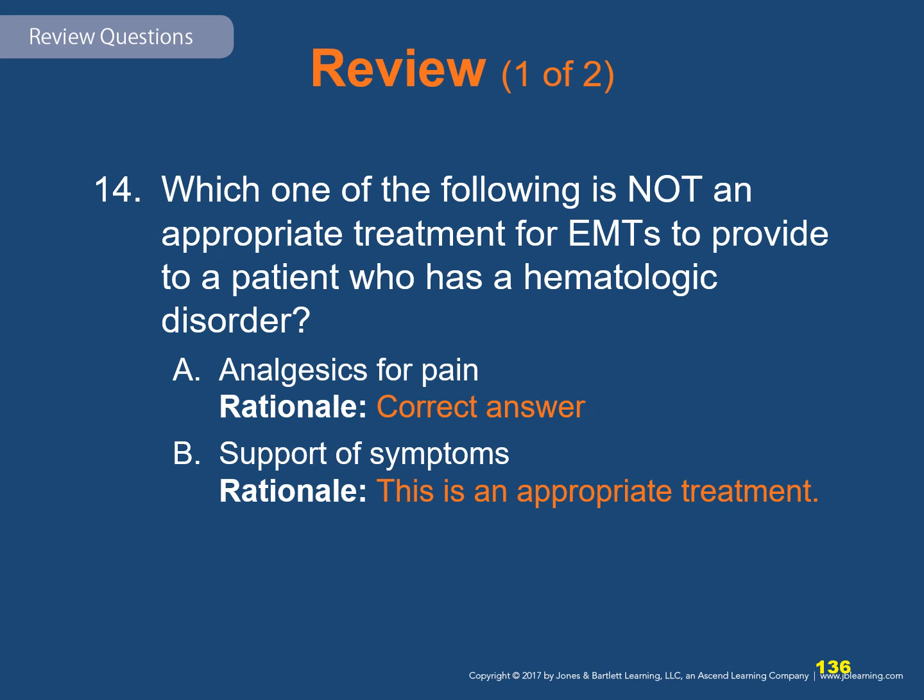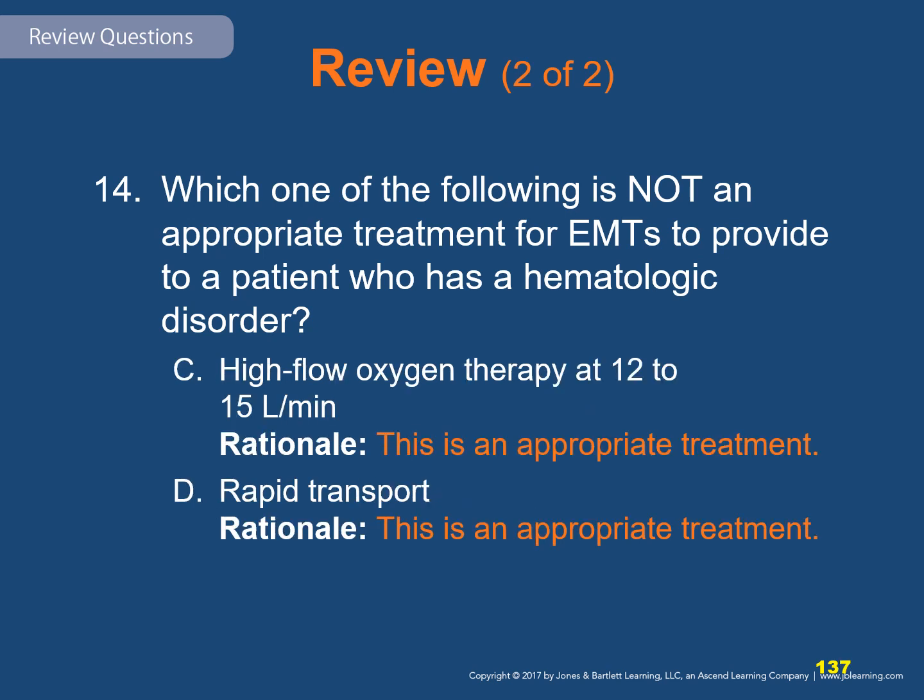If they're short of breath because perhaps they've got a pneumothorax forming or whatever's going on, support their symptoms and treat them. Moving on to letter C, high flow oxygen therapy at 12 to 15 liters per minute. That is definitely appropriate. And D, rapid transport, also appropriate because there's so much that can go wrong with a hematologic crisis. So make sure that you, again, review your definitions in this class.